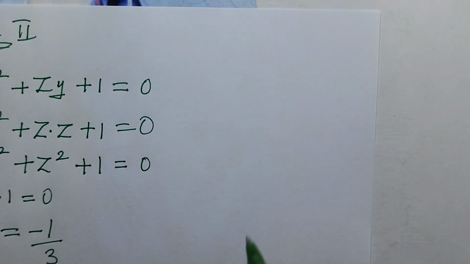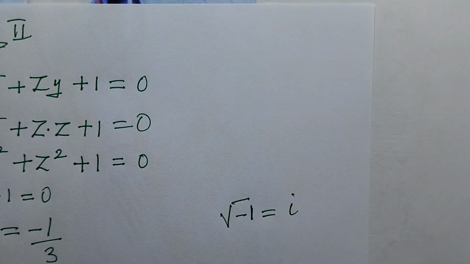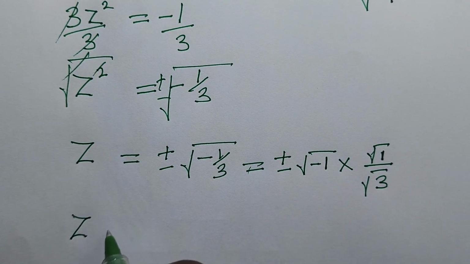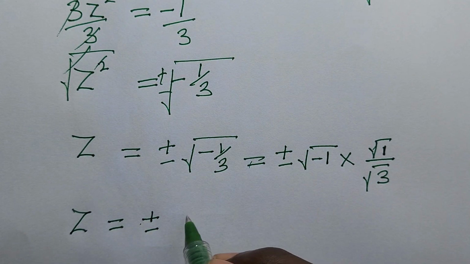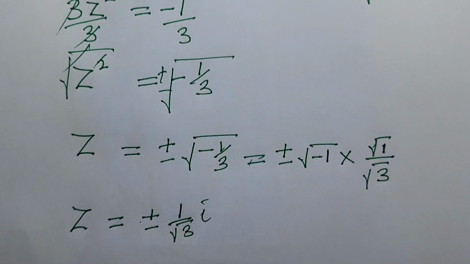And we know again that the square root of minus 1 is equal to i. So we can bring i in. This will give us z equal to plus minus 1 all over the square root of 3 i.